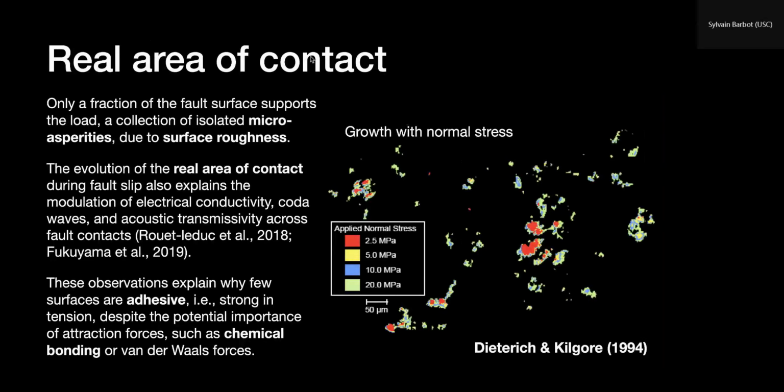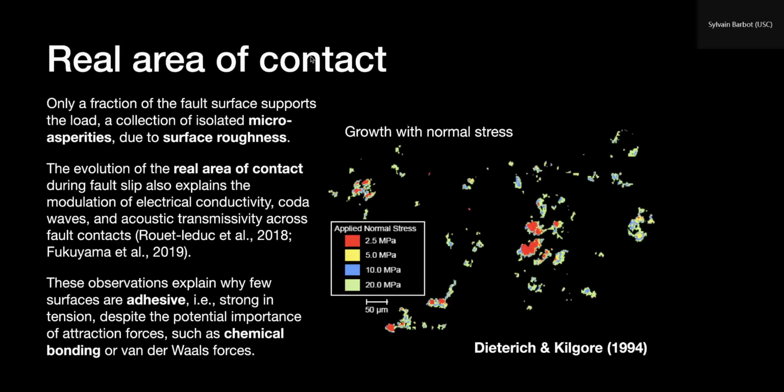And what these experiments have revealed is that solid contacts, natural surfaces are very rough, and only a very small fraction of the contact is in actual contact with the other side. This is of the order of a few percent.